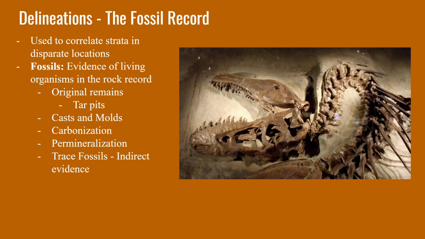But you can also have trace fossils, and these are indirect evidence, things like footprints, things like burrows, that an organism existed without actually preserving the organism itself. So fossils are any evidence of a living organism, whether it be the organism itself or their activities.